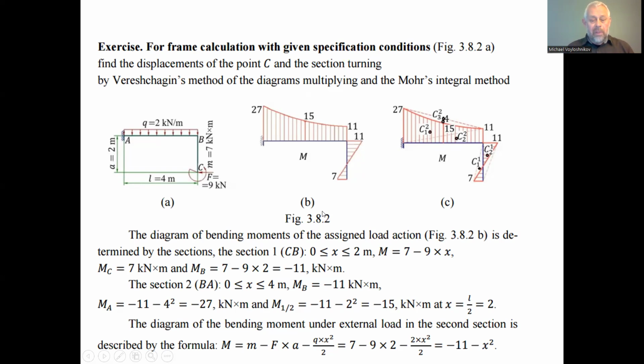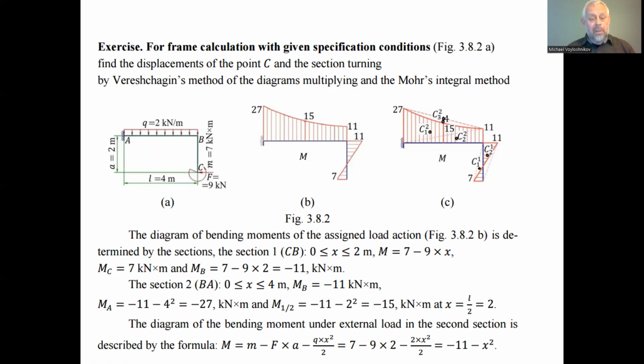In article 3.7, we solved the Mohr integral, and we determined the horizontal displacement of the point C and the direction of the transverse force, in the transverse direction of the point C. And now we have to determine three displacements of the point C. I mean the horizontal displacement, the vertical one, and the bending angle at the point C, in the direction of the load. We have a load on this mechanical system, statically determinate exactly.